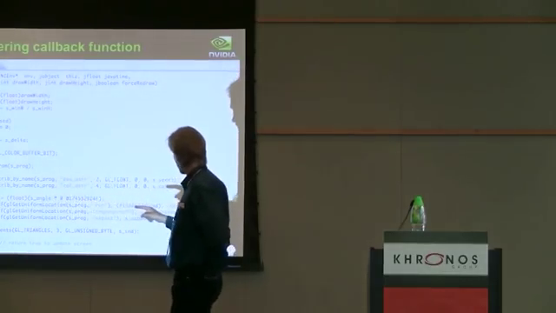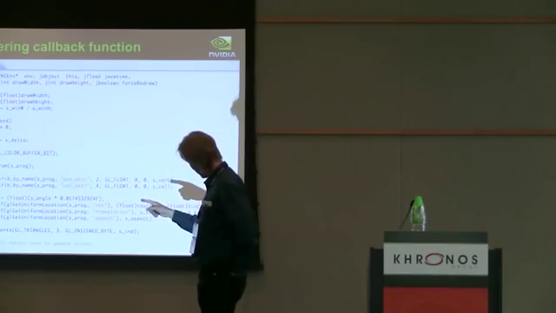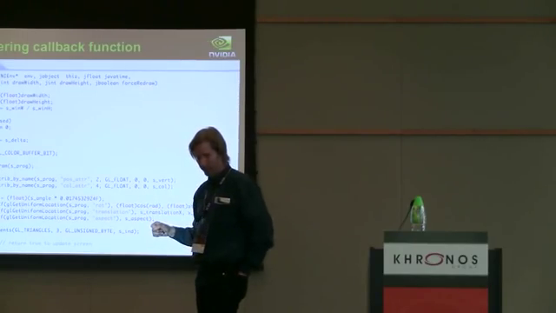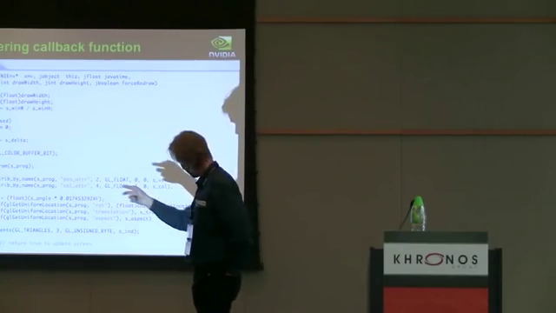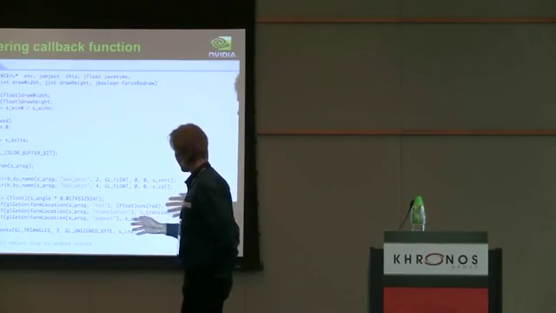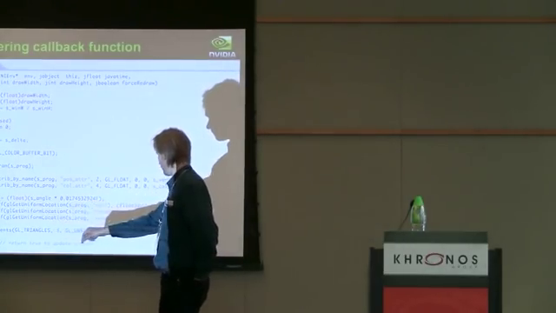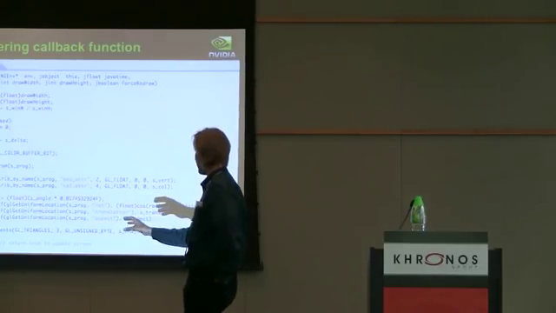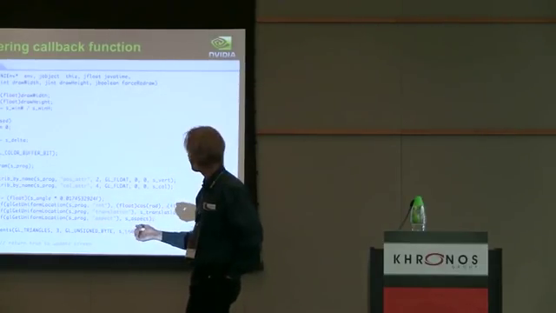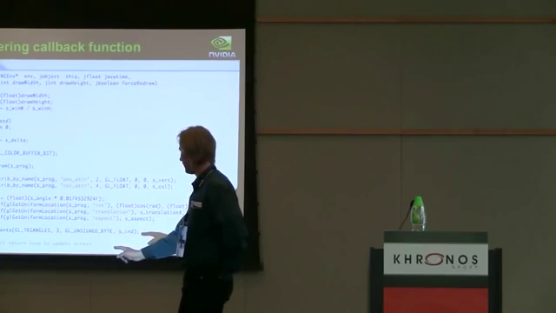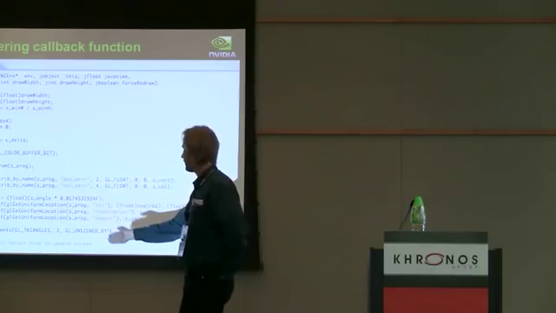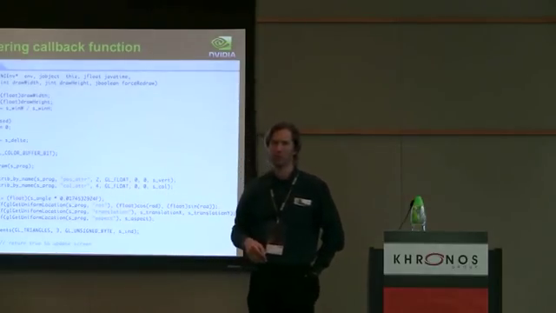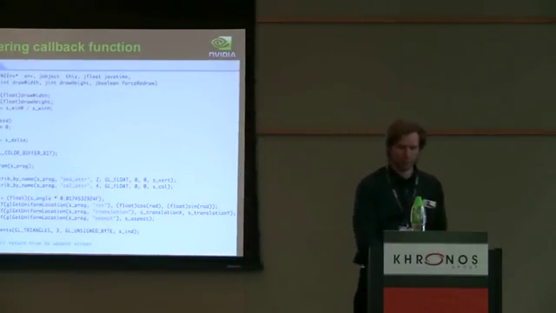We need to match those with our C++ arrays so it knows where to get the data. And the same thing for uniforms: we match, based on the names in the shaders, the actual data in our C program. And then we tell it, okay, we're done setting up, now draw using the data that I just gave you.